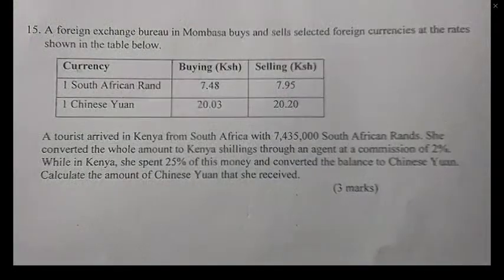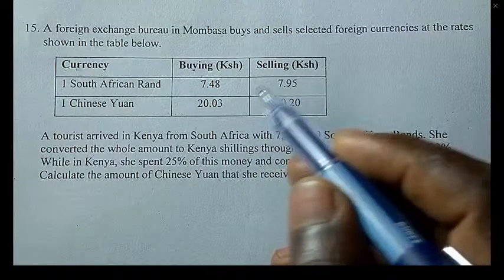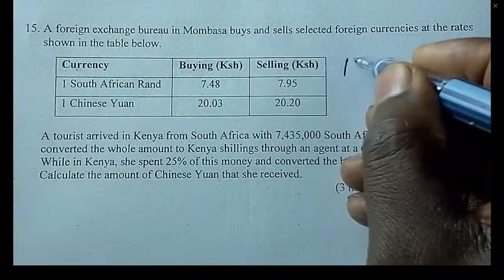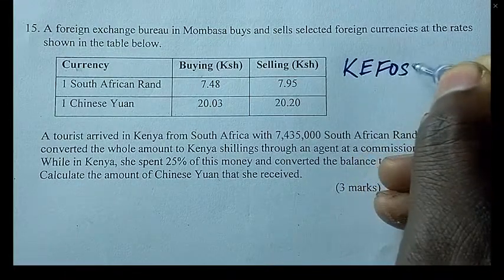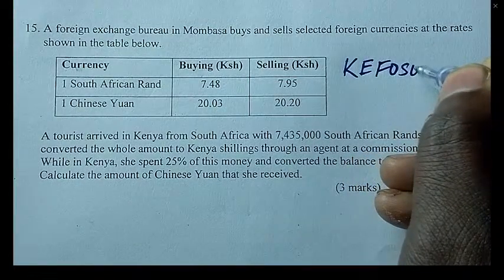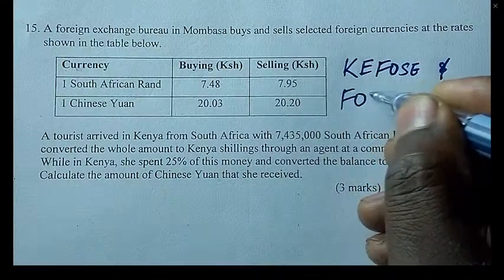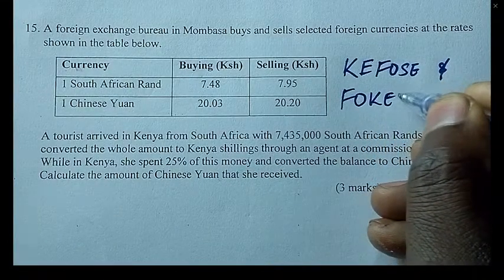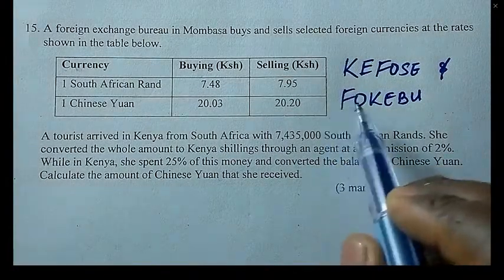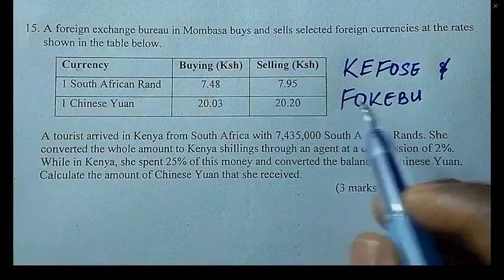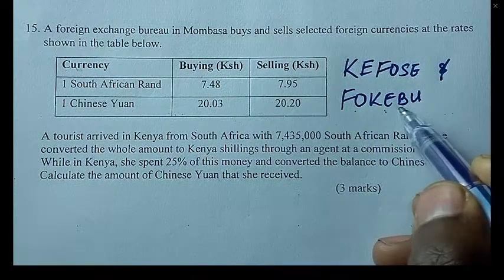So first let us know which column we are going to use. There is this word we use here that we call KCSE and for KBU. So if a foreigner comes to Kenya, that one is called foreigner to Kenya, you use buy.